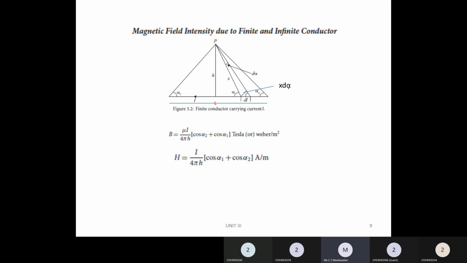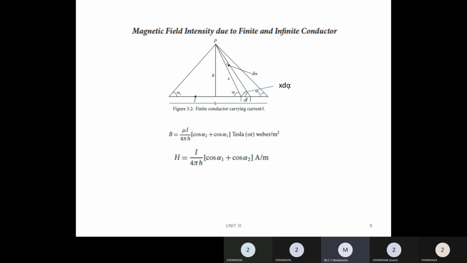When you go with the finite conductor, definitely we have a starting and ending, so you'll be having alpha 1 and alpha 2. The point with one angle will be alpha 1, the point with another angle will be alpha 2. So B is equal to mu I by 4 pi h, the magnetic flux density.